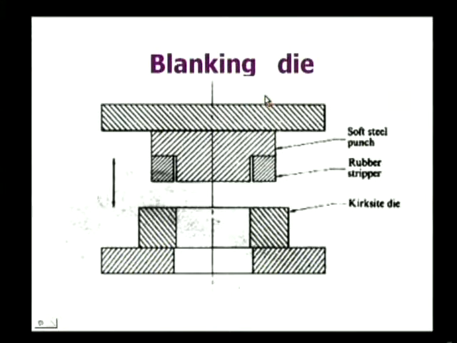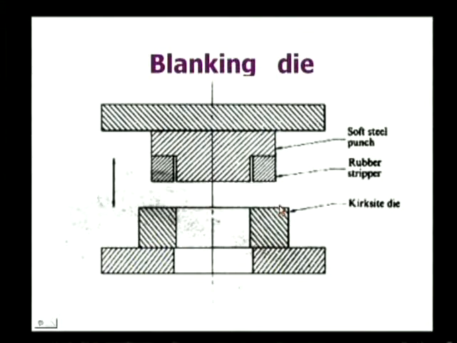That blanking operation may be either a cutting operation or a forming operation. In forming operations, special forms can also be formed by blanking dies. This blanking die is the simplest blanking die which uses rubber pads.